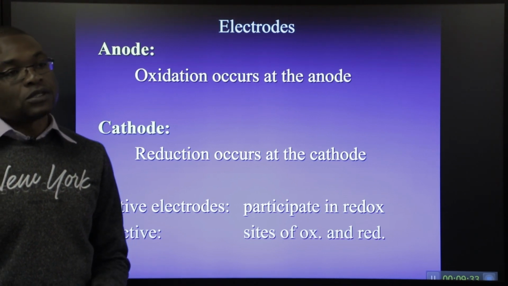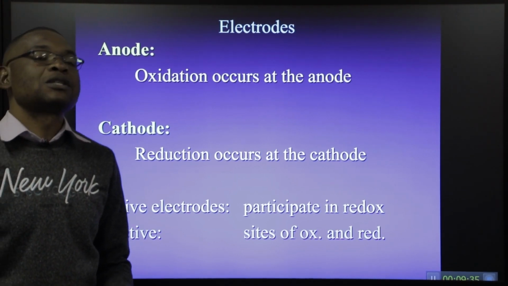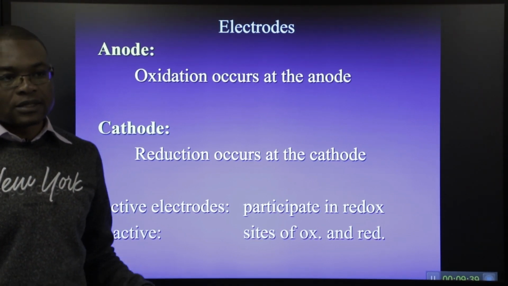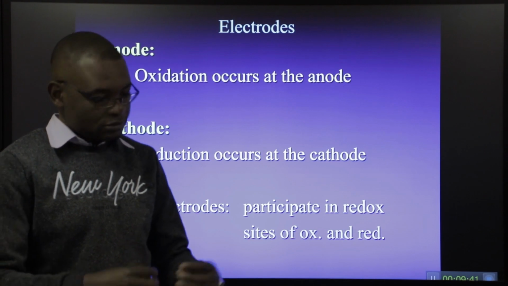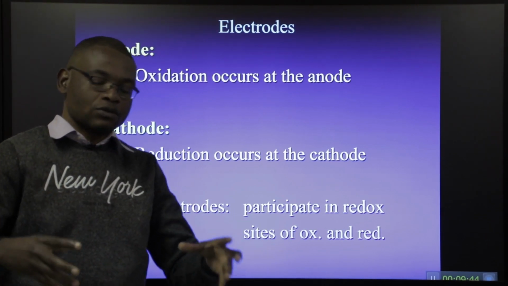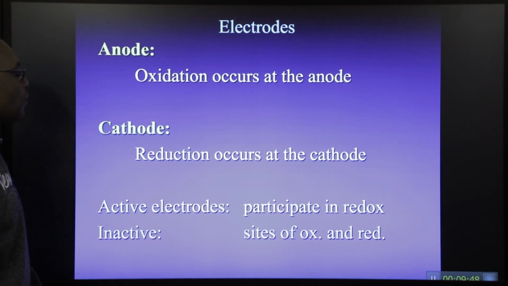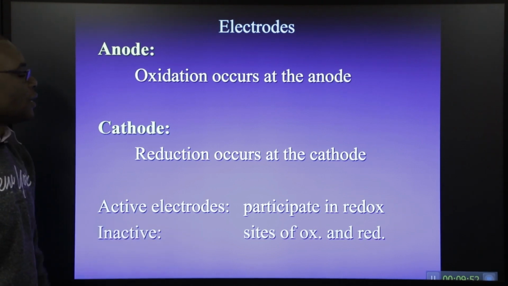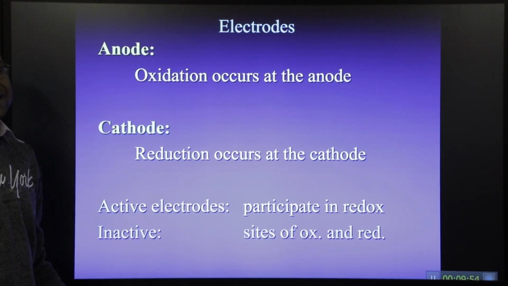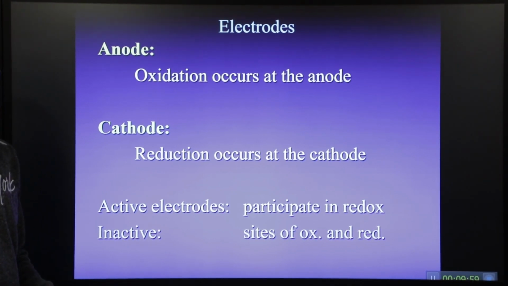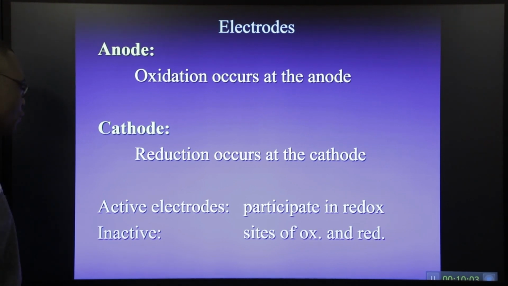In some instances, the electrode itself will disappear or dissolve into the solution, while in others, it builds up in terms of the size of the electrode during the chemical reaction. While in the inactive electrodes, there are only sites at which oxidation and reduction take place. So this will happen between the electrons and the ions which are in solution already.